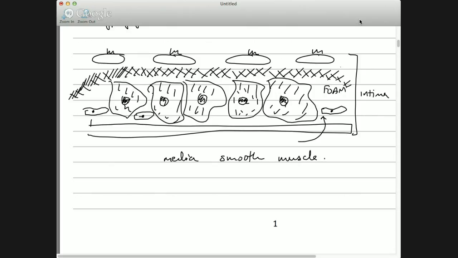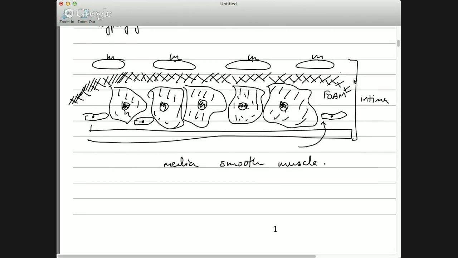Now, in chronic inflammation, let's talk about another disease where we have a similar pathology. Let's compare COPD with chronic asthma. Why is it different?